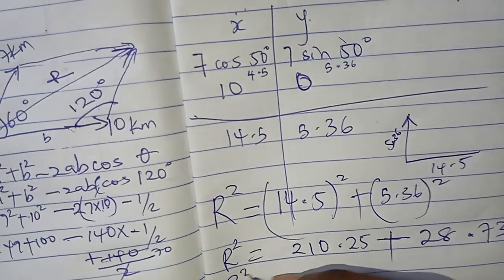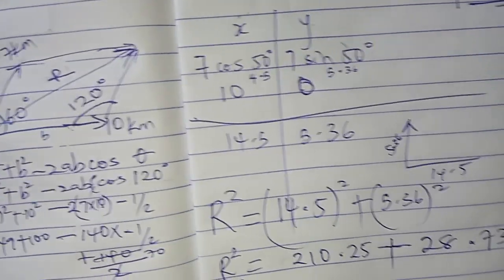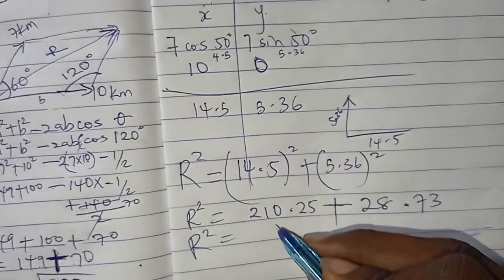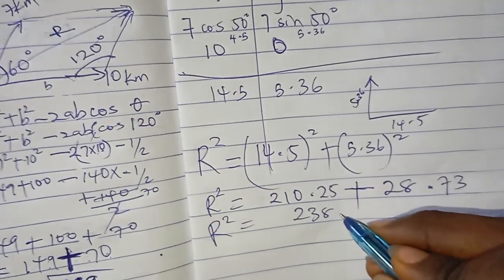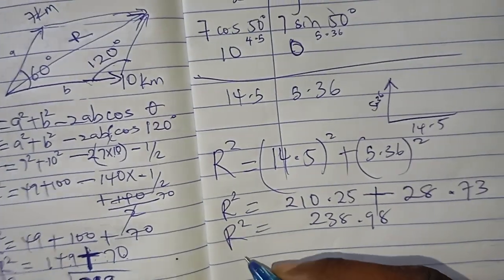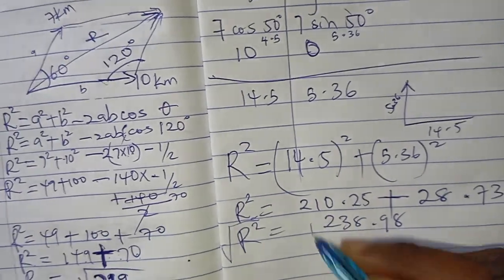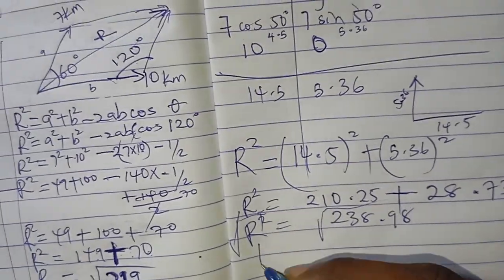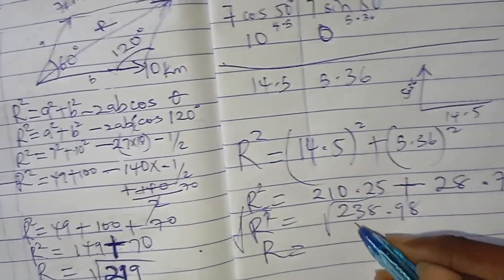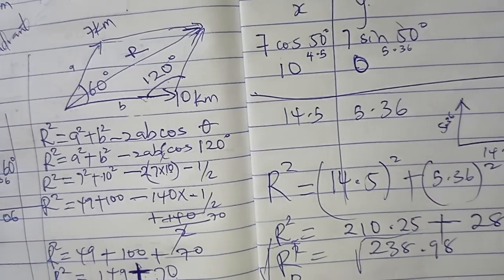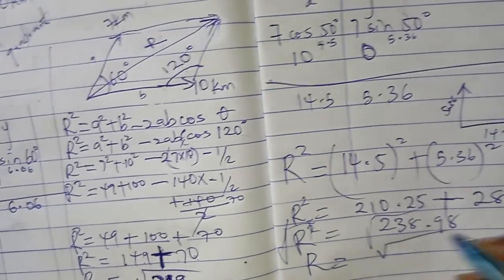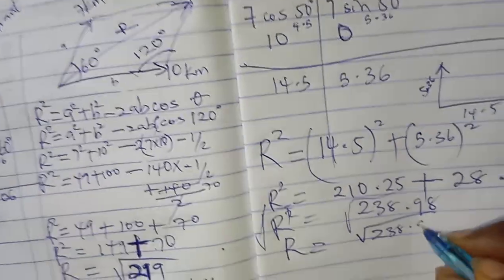Add it together, I have 238.98. Now take the square root of both sides. This will cancel this. So r will be equal to the square root of 238.98.